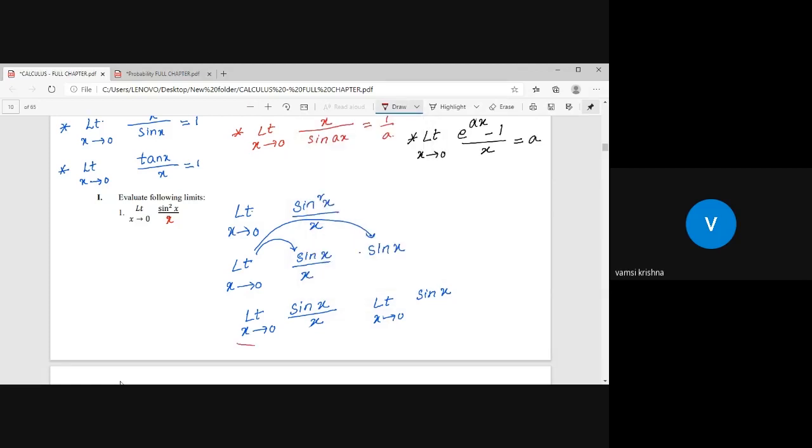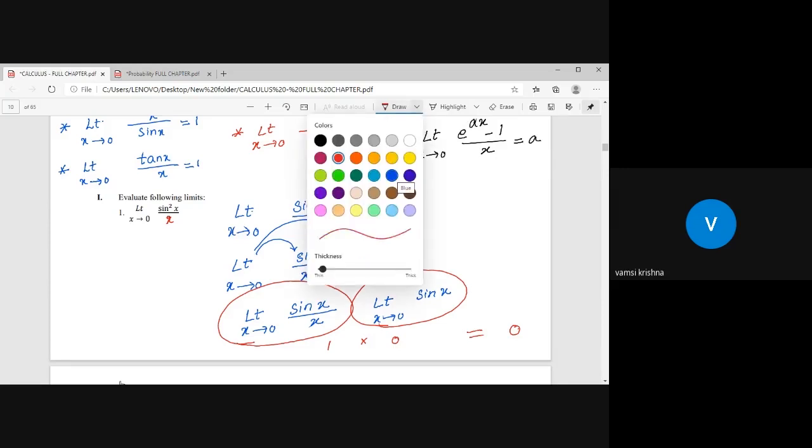Now you can say like this: this part is 1, 1 into this part which is 0. 1 into 0, the result is 0. Okay, students, I hope you understood this.